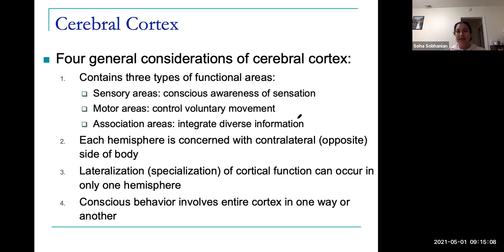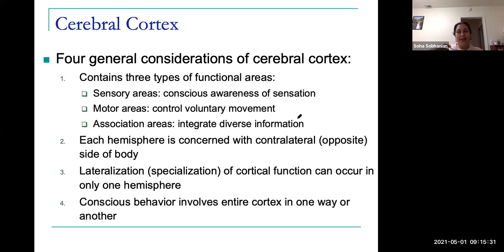So two other points that I want to make before we take a break. The first is the concept of lateralization. Lateralization basically means that each of the cerebrums has its own kind of function. So for instance, a lot of you guys have heard of that.